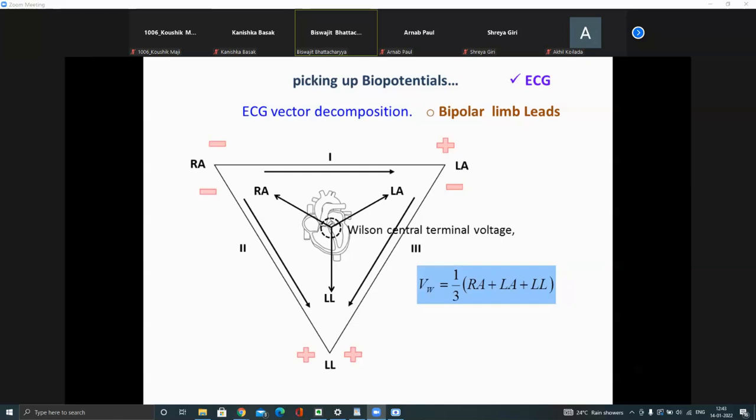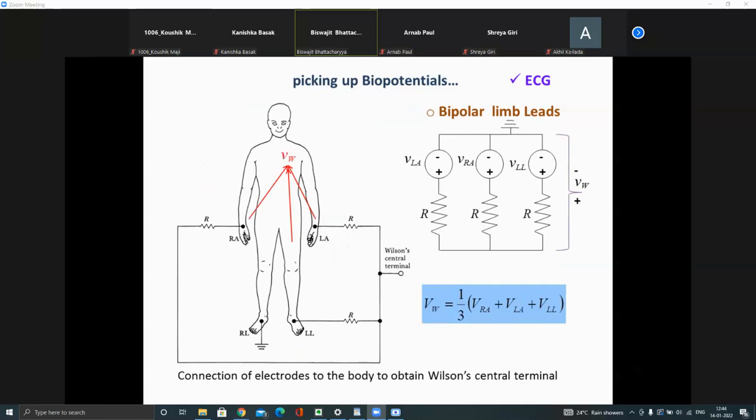With respect to this Wilson central terminal voltage as the new reference, we are identifying all the lead voltages: VLA minus VRA, VLL minus VLA, VLL minus VRA, all such lead voltages will be measured with respect to the Wilson central terminal voltage.